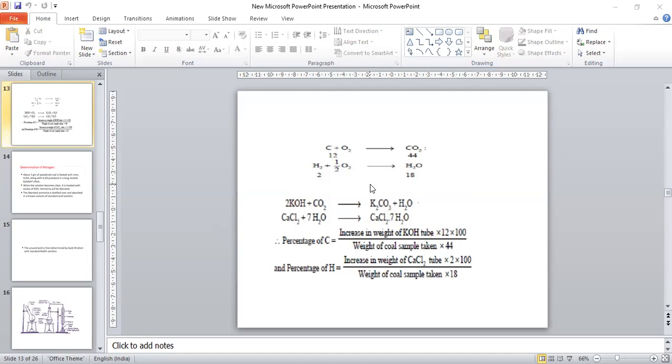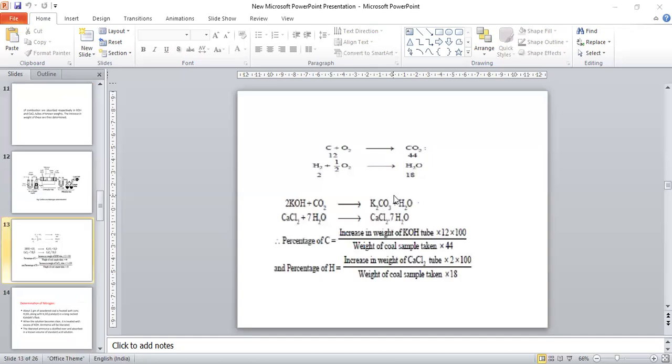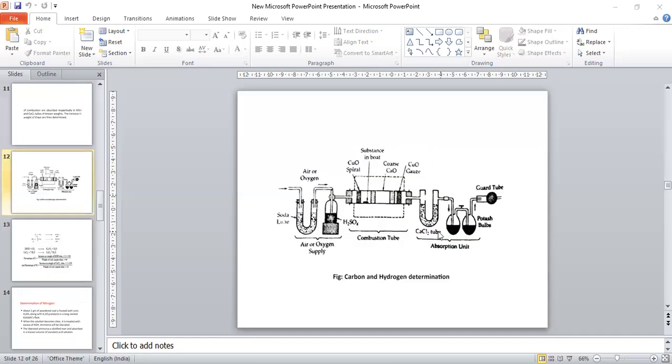The carbon and hydrogen present in the coal sample are converted into carbon dioxide and water. Then they are passed through two bulbs. One bulb contains anhydrous calcium chloride, which absorbs the water, and the second bulb contains potassium hydroxide, which absorbs the carbon dioxide.